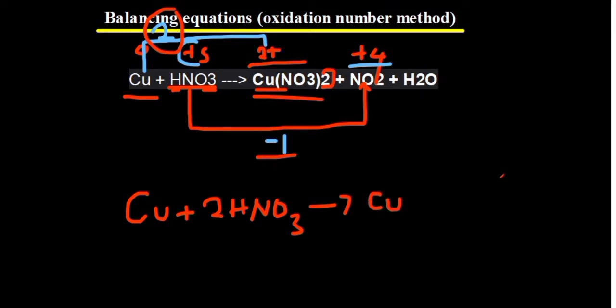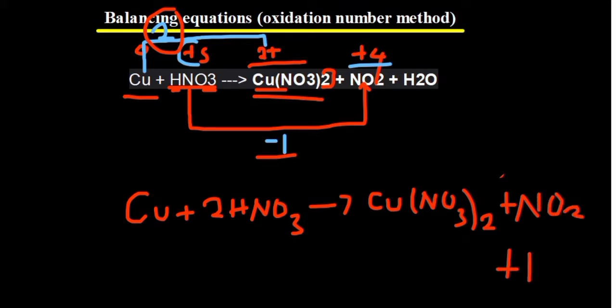So you've got copper NO3, then you have a 2, plus nitrogen dioxide, plus water. So where else is the 2 multiplying? The 2 is being multiplied by what? By this and that. So where there is nitrogen dioxide, there is supposed to be a 2. So say plus 2.